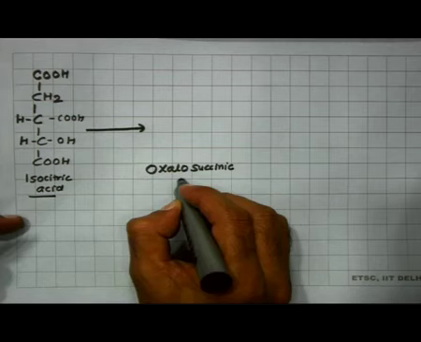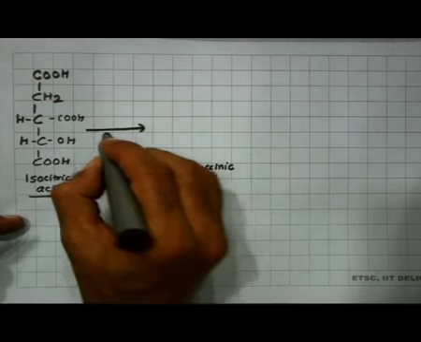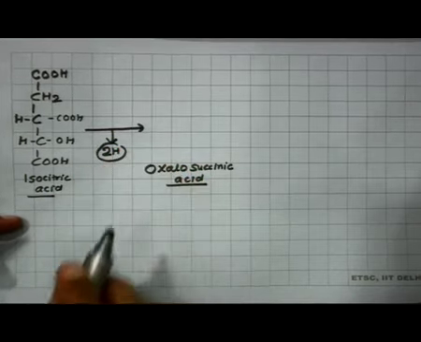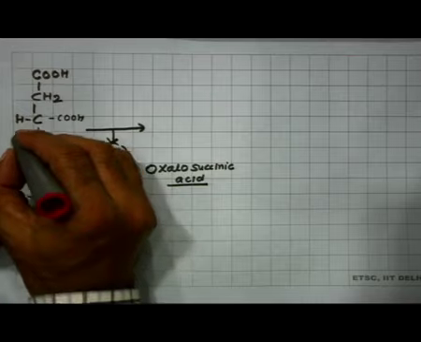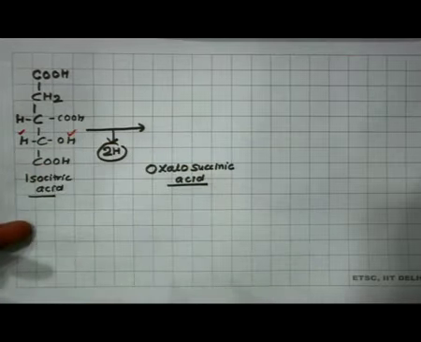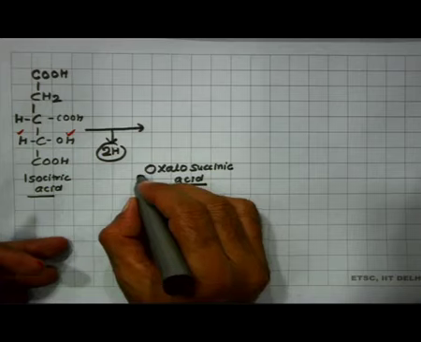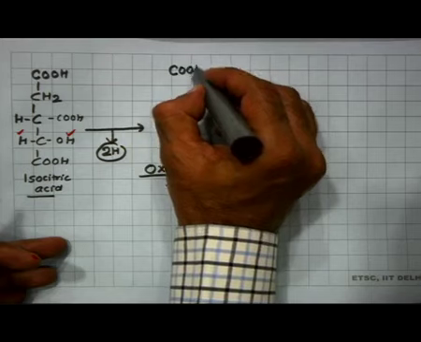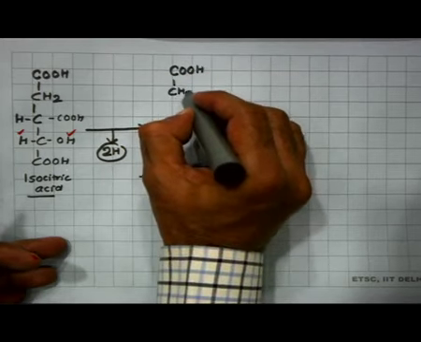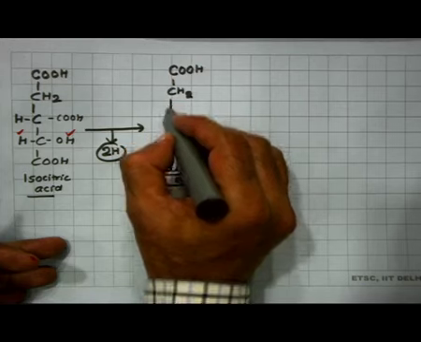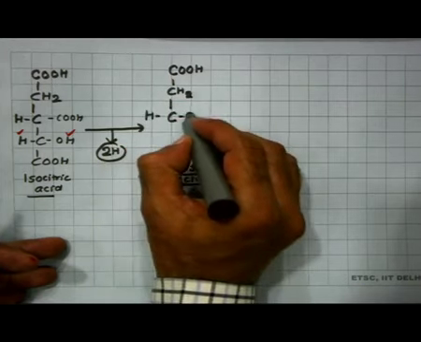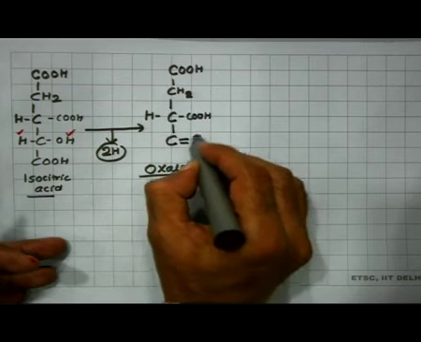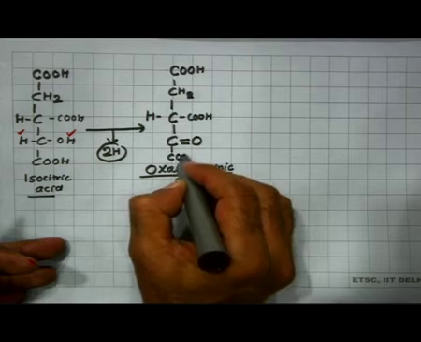As we have discussed, here is the removal of 2 hydrogen. These 2 hydrogen are removed from this carbon. So, you can easily write the formula of oxalosuccinic acid, that is COOH, CH2, CH, COOH, C, where you know that oxygen has a double bond, COOH.